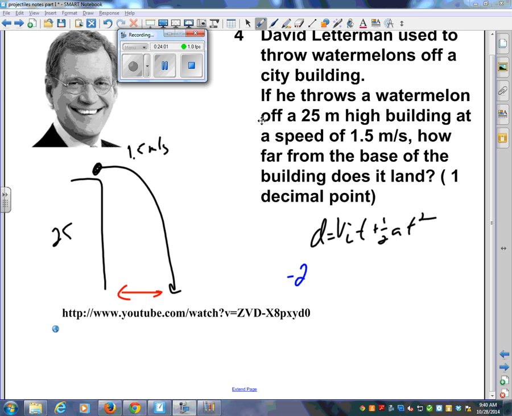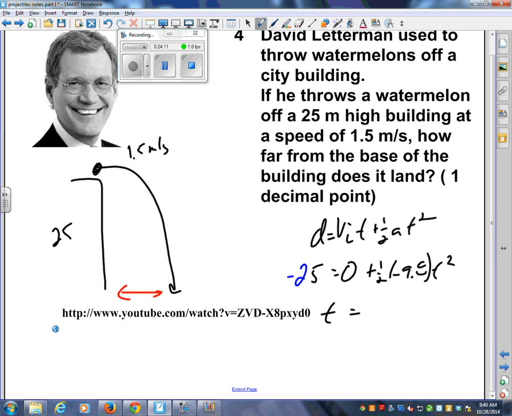The initial vertical velocity is 0, plus 1/2 of minus 9.8 t squared. Negative 25 divided by minus 4.9 is 5.01, and take the square root of that. I get 2.26.